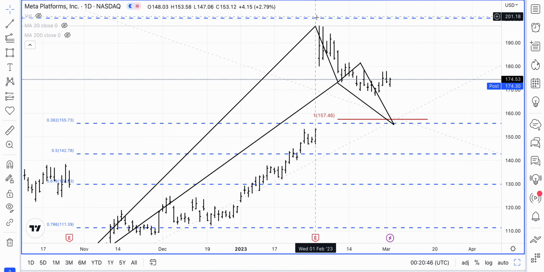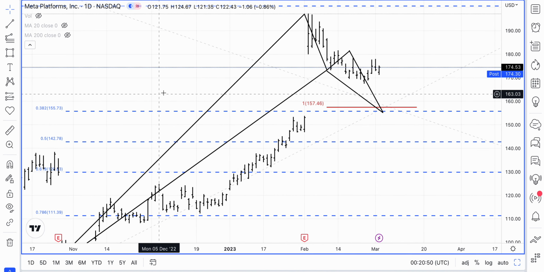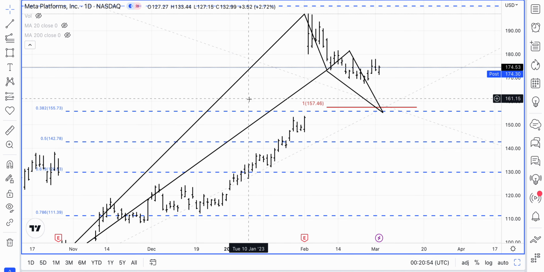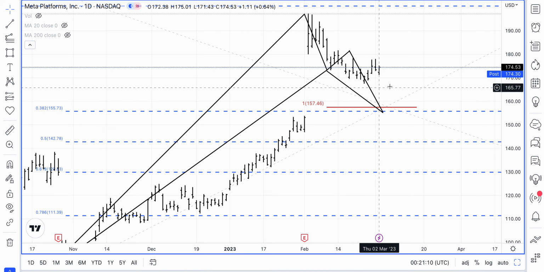So, which also leads us to think that maybe the stock is moving to complete this pattern formation, which is in this triangular formation here. So we have a one-to-one formation, an ABCD, and also a 38.2% Fibonacci retracement coming around the $155 to $156 per share level.